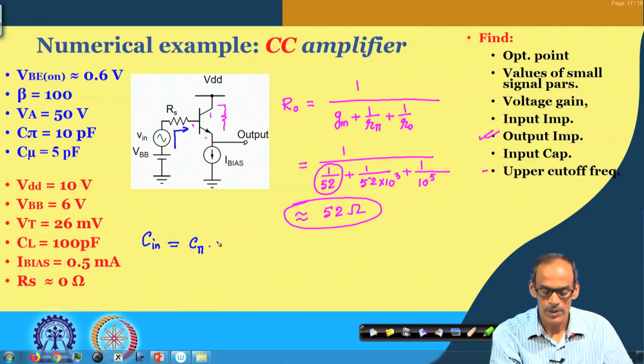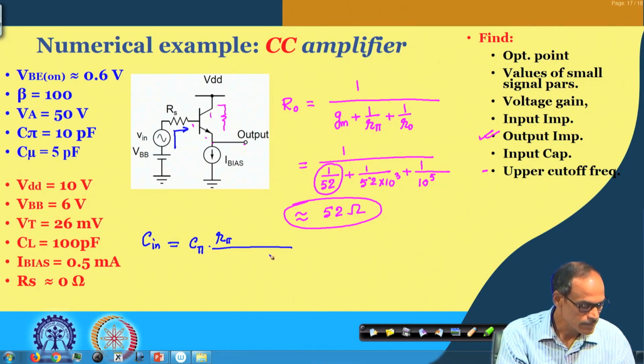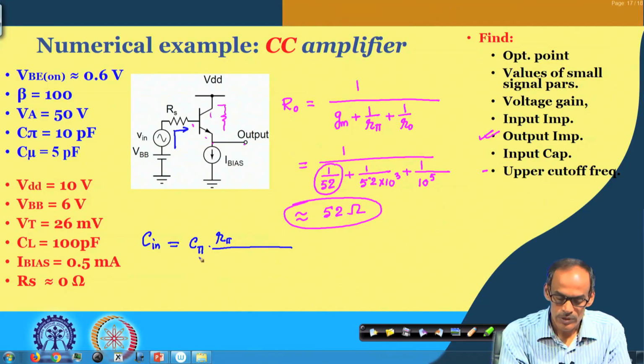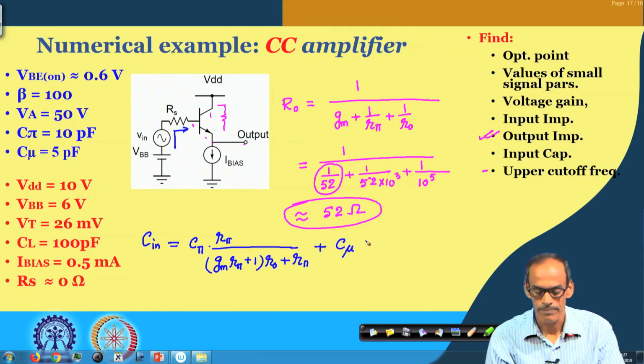It was r pi divided by, as you may recall, C pi into r pi multiplied by gm into r pi plus 1 into r naught plus r pi, and then C mu as is.